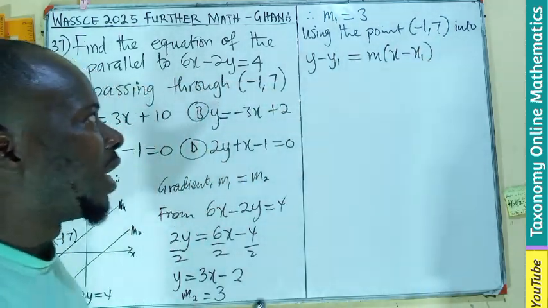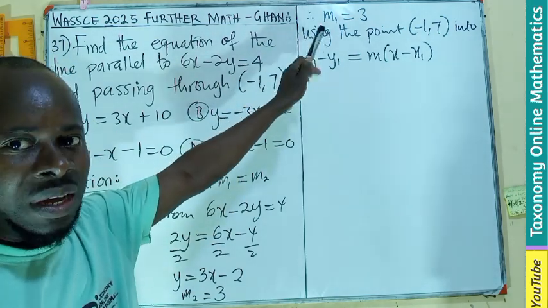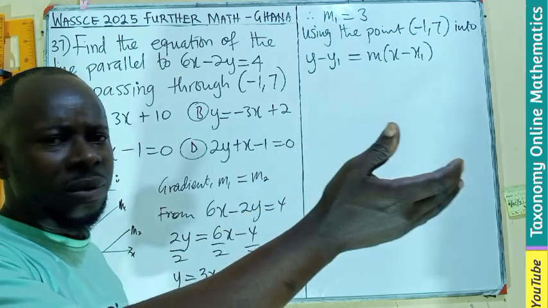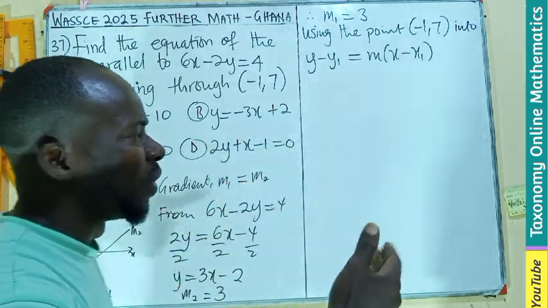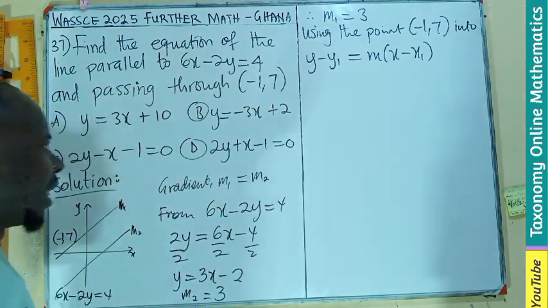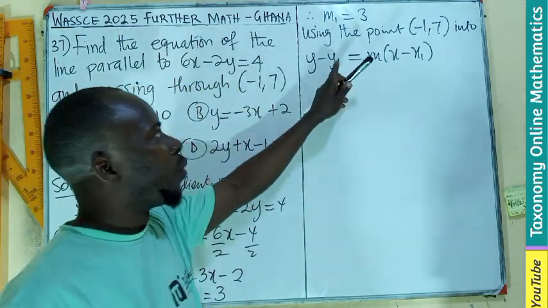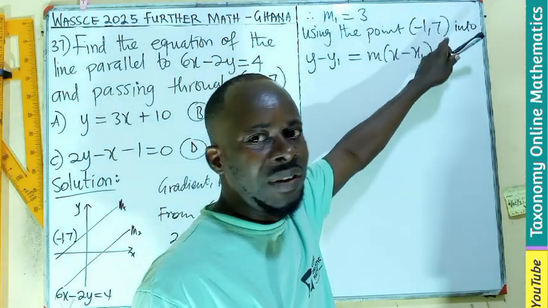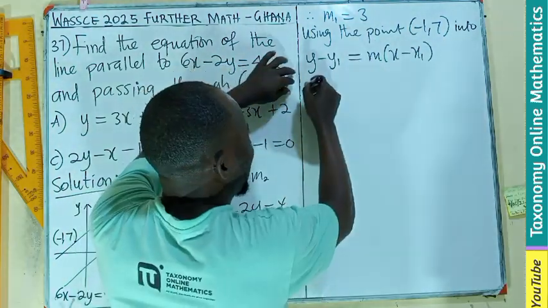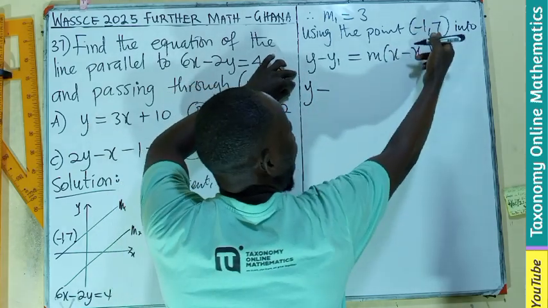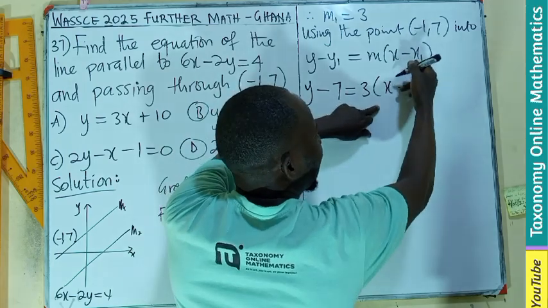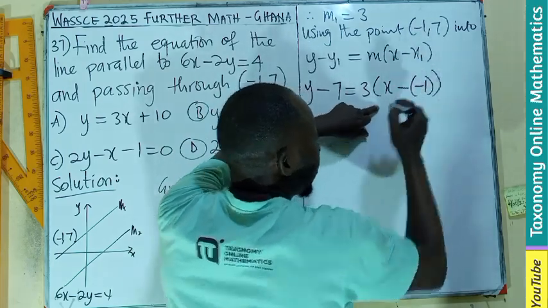We are going to substitute that point and the gradient into that, that is the point-slope form of the equation. So y and x are part of the equation, then y1 and x1 are the points given to you, where m is the gradient. So let's see. That becomes y minus 7 equals 3 times x minus -1.